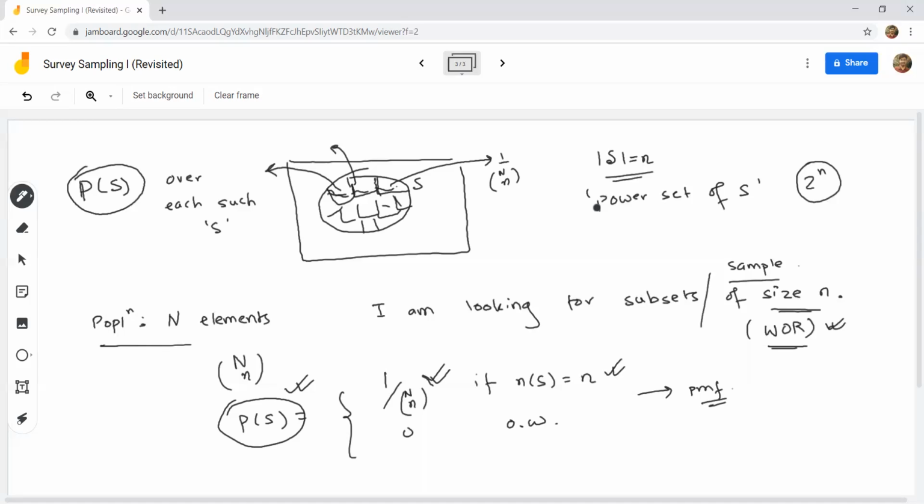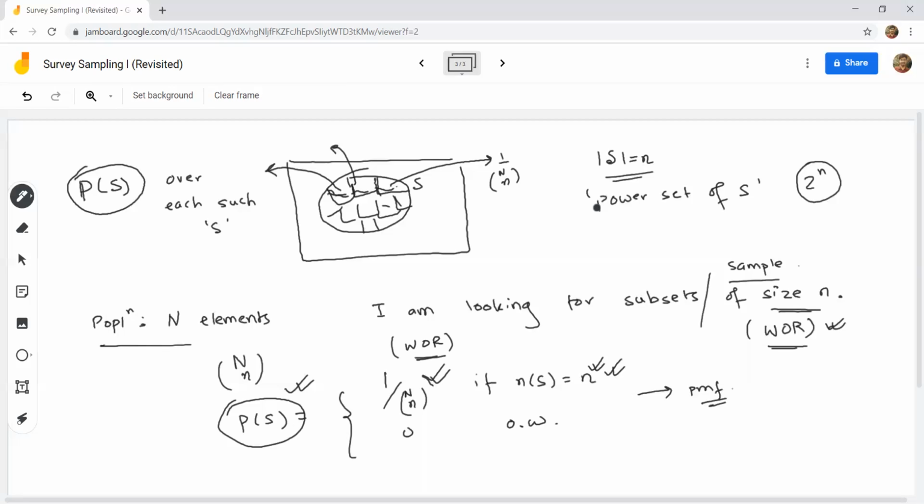Okay, so now I think it's clear. You are fragmenting the entire population into samples of fixed size, say small n, and you are assigning a certain probability of choosing each of these samples. It might not always be 1 by NCn. This is only for the case of WR. I'm just illustrating this WR case, but it can be anything.